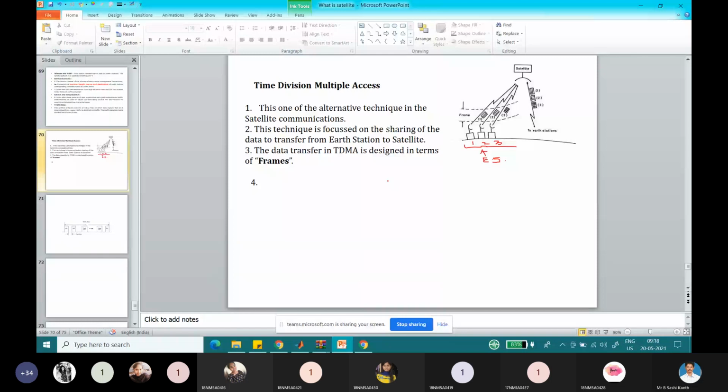So how is this time being divided near the Earth station? That is the most important thing that we are going to discuss now.